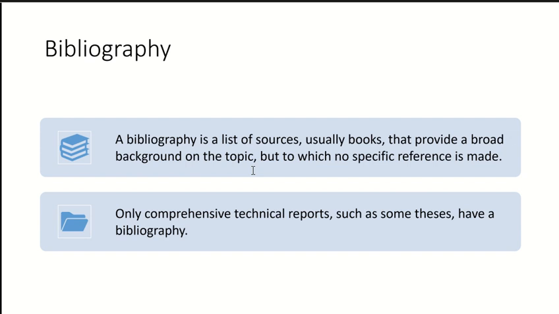The list of references are the references which are used in the report. If you find both a bibliography and a list of references, then the difference is that the bibliography is for the extra knowledge of the reader. If somebody wants to read more on this subject, these are some useful books from where they can find more material.